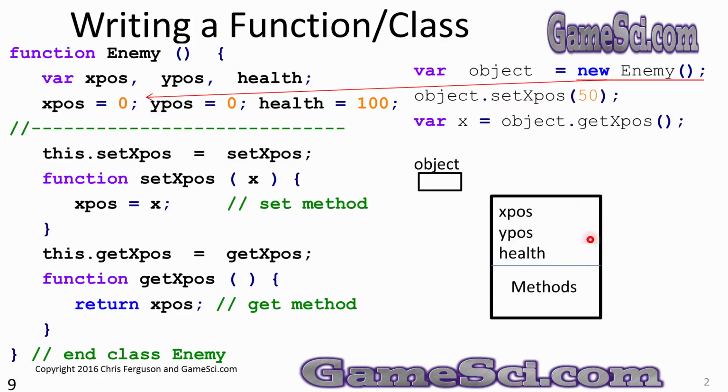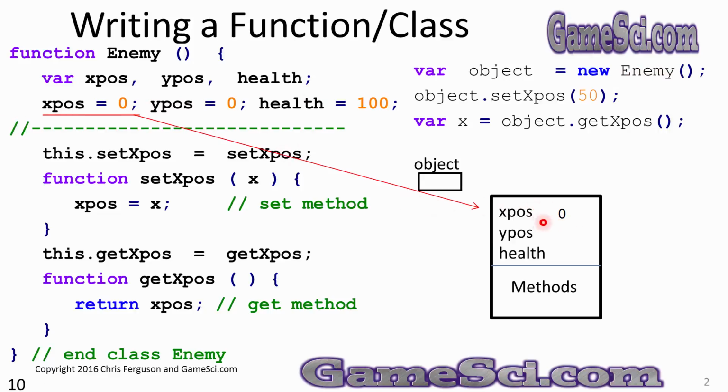It built the object, it created the X, Y, and health variables, and now we'll execute the code to initialize that object. We're running the enemy constructor, X position equals 0. We'll put a 0 in our object. Y position equals 0. We'll put a 0 in the Y position variable. I'm assigning a new value to the Y position variable inside the object.